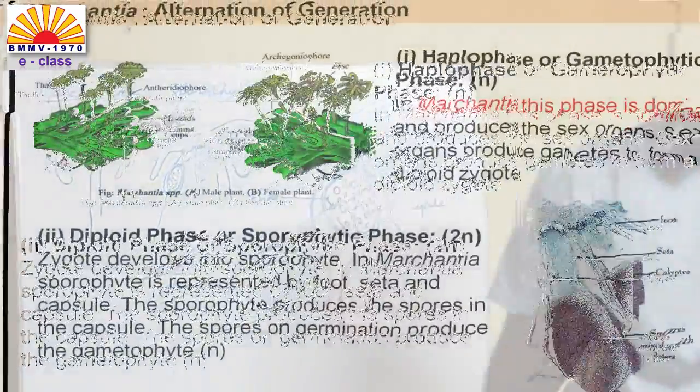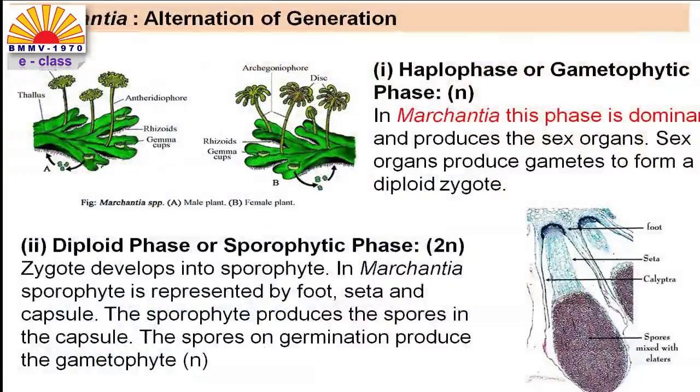Now let us understand the alternation of generation in Marchantia. There are two different types of generation in Marchantia. One is the haploid or the gametophytic generation, and the other one is the diploid or sporophytic generation. The haploid generation or the gametophytic generation, represented by n number of chromosomes, is the dominant generation in Marchantia.